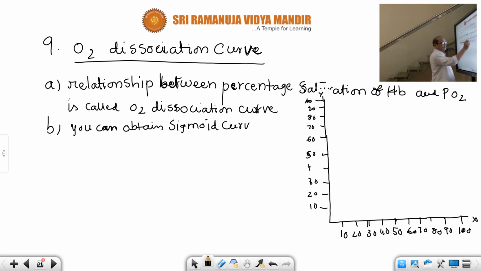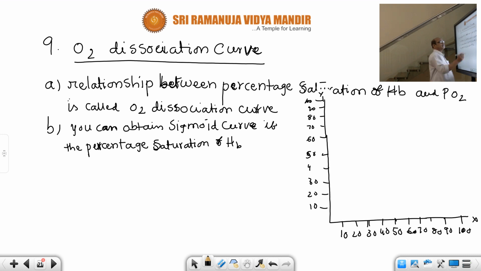You can obtain the sigmoid curve if the percentage saturation of hemoglobin is plotted against PO2.